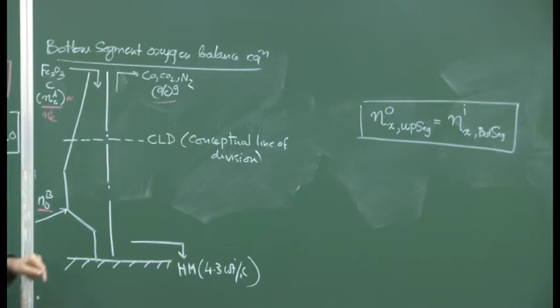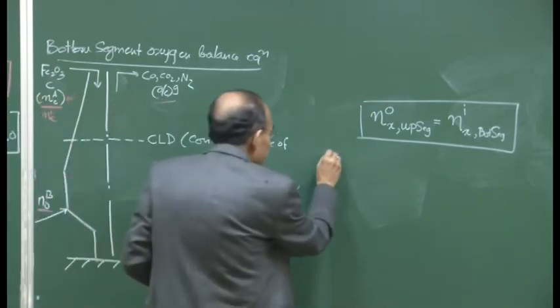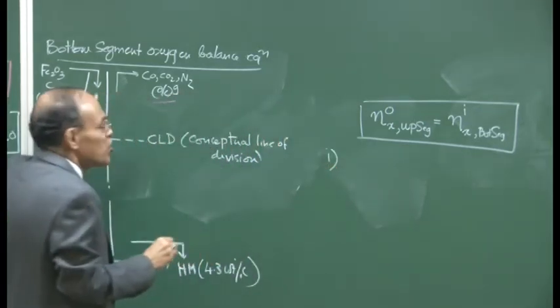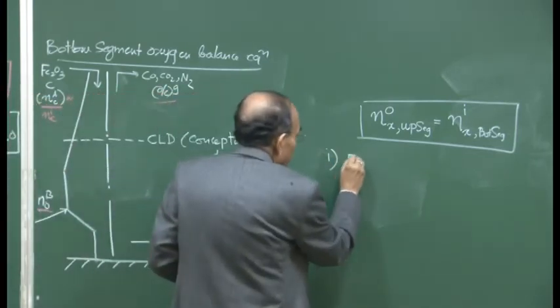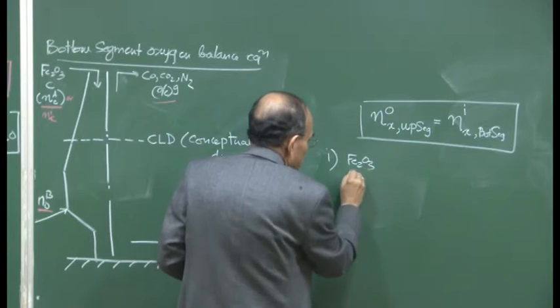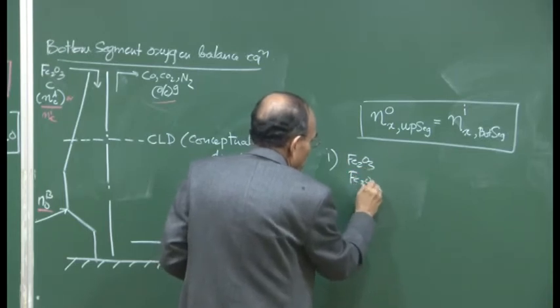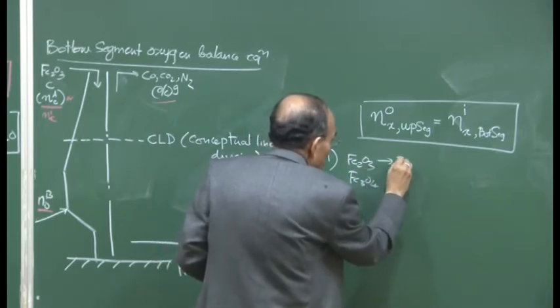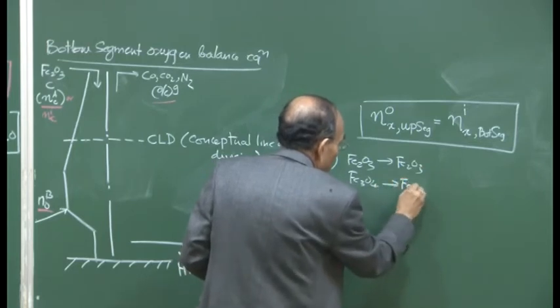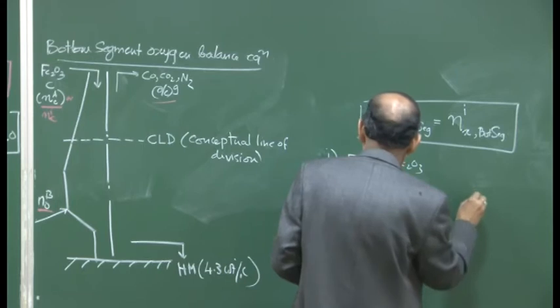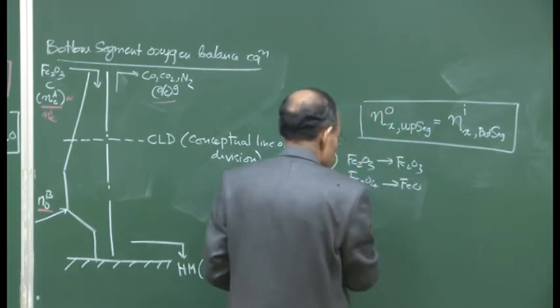This is the upper half where the temperature is much smaller. So it is only the higher oxides of iron that can get reduced: this can get reduced to Fe2O3, this can get reduced to FeO.